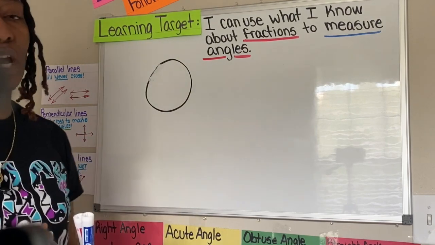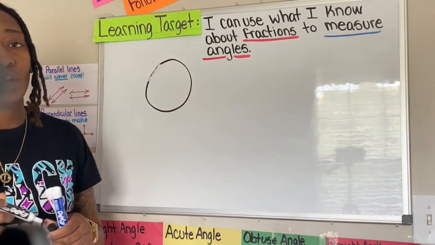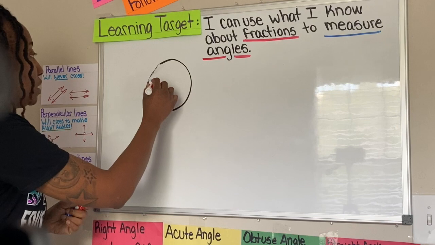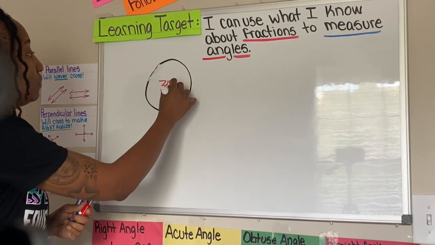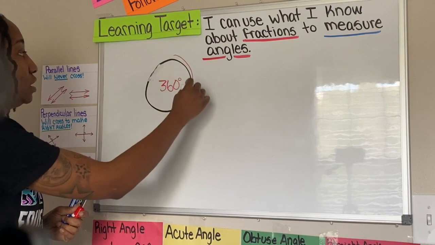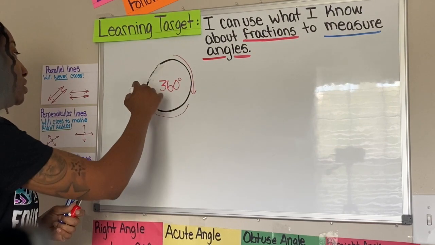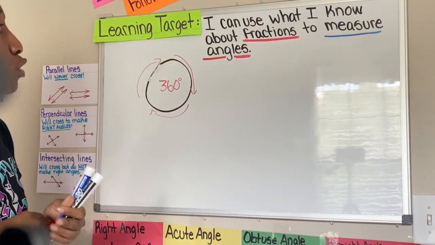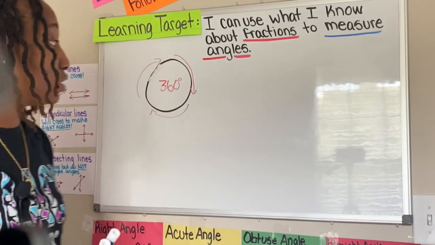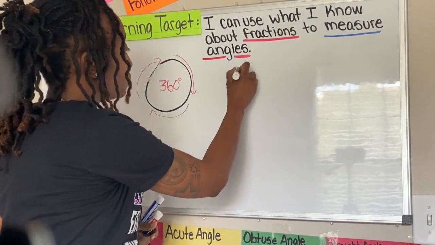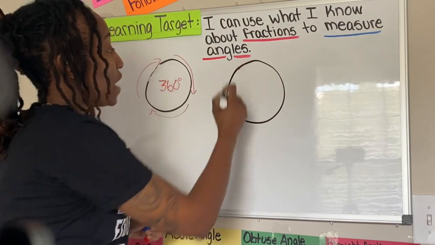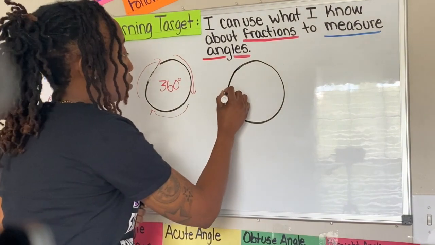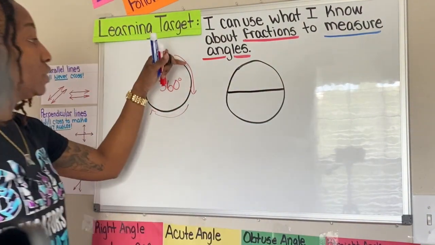Within a circle, when we're talking about measuring angles, we first have to go with what we know. We know that a circle is 360 degrees. So we're talking about the full rotation of that circle being 360 degrees. Now, using what we know about fractions, I can take that same circle that measures 360 degrees and partition it into halves.